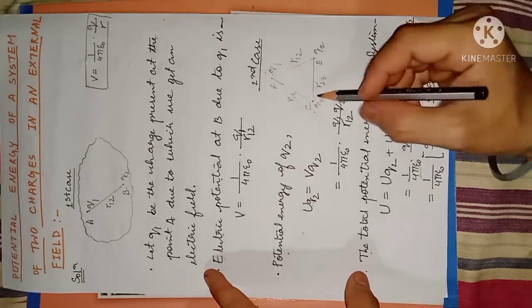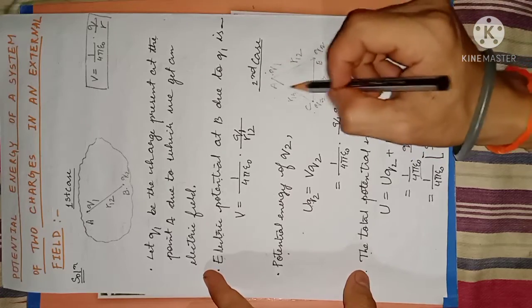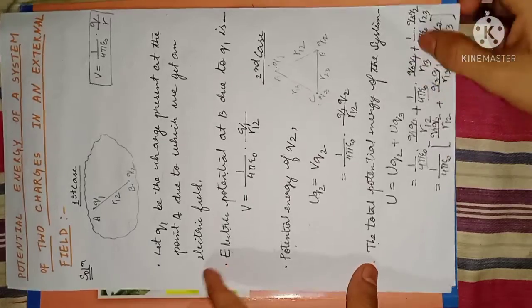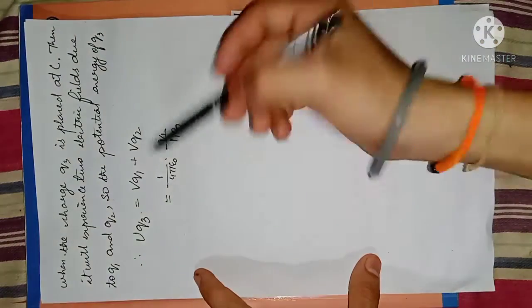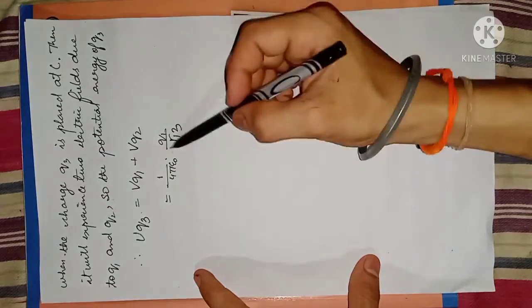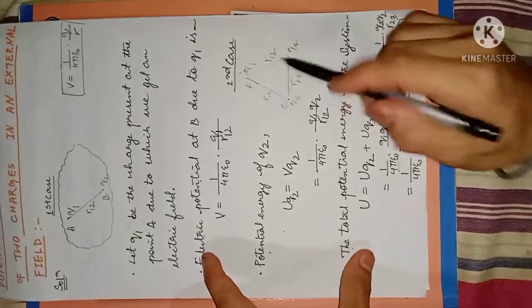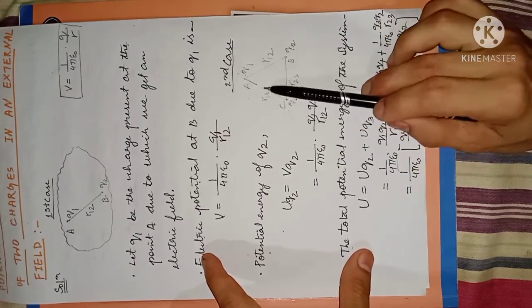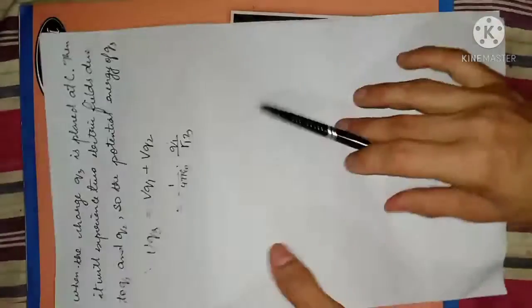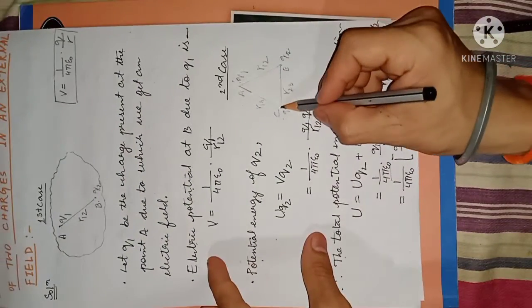When the charge Q3 is placed here, then Q1 also will experience two electric fields. This one also we need to remember. So here VQ1 will be equal to 1 by 4 pi epsilon naught into Q1 by R13, since this Q1 experiences R13 at the point C. Since we need to find the particular case of UQ3, here the charge Q3 is there, so we need to look at the charge Q3.